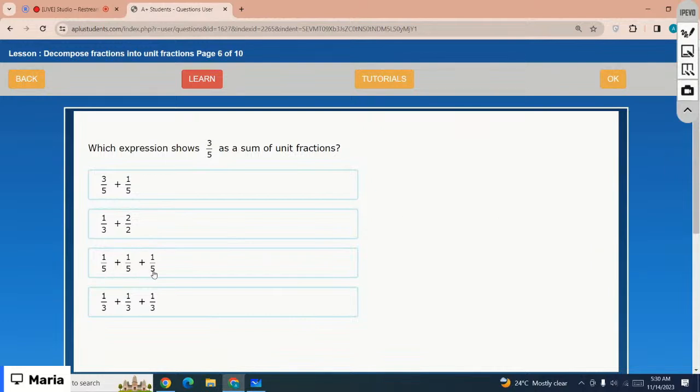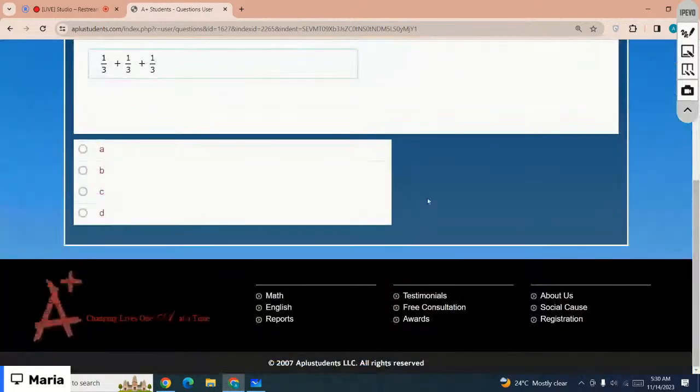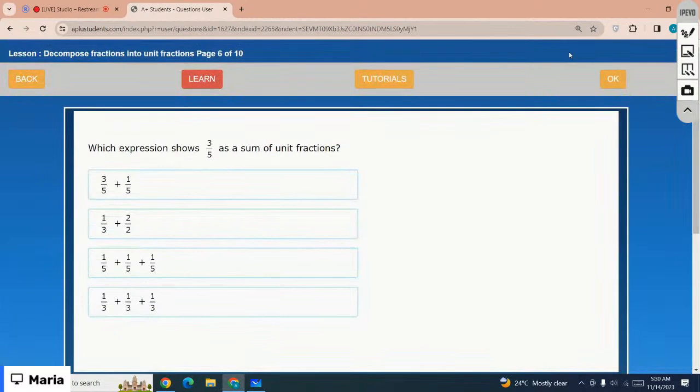They have the denominator 5, and when you add the numerators 1 plus 1 plus 1, it makes 3. So option C is the correct option, right? 1 by 5 plus 1 by 5 plus 1 by 5.